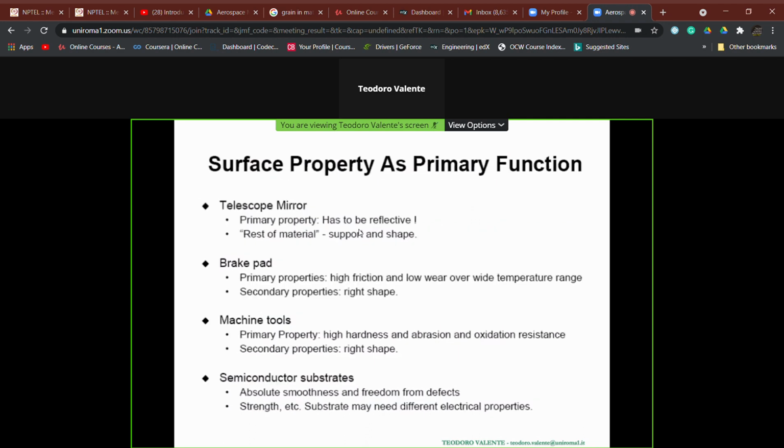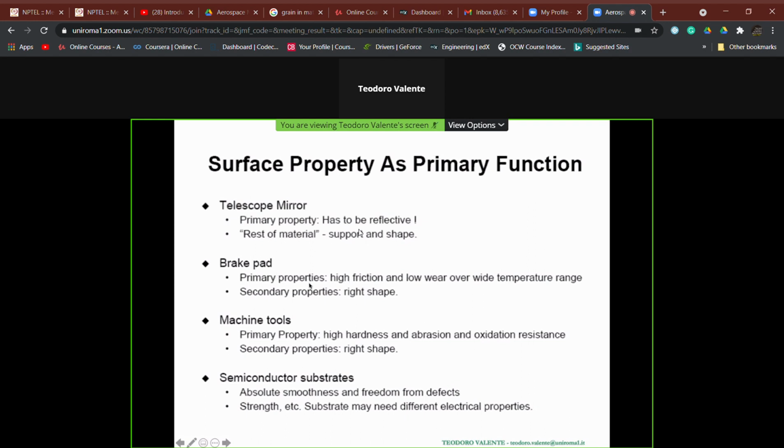Primary function: the surface is very important in terms of the function which is given to the component. Think, for example, of a telescope mirror. The primary function of the surface is that it has to be reflective, and the rest of the material is a sort of support and also gives the shape. Or, for example, brake pads.